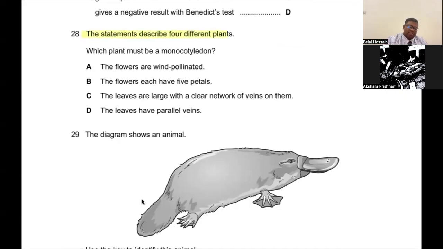The statements describe four different plants. Which plant must be monocot? Tell which one is monocot. Flowers which are pollinated, which have five petals. Clear network of veins in the leaf.